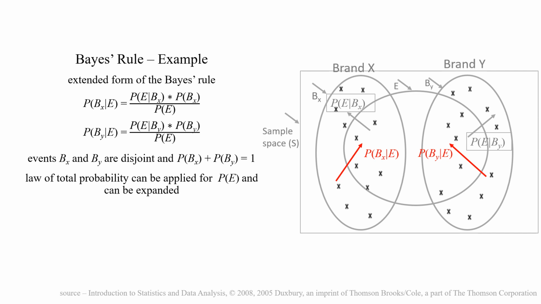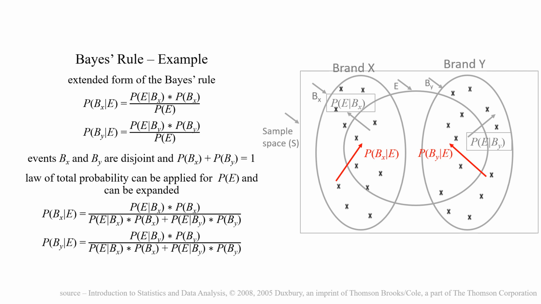can be expanded as in probability of Bx given E equals probability of E given Bx multiplied by probability of Bx divided by probability of E given Bx multiplied by probability of Bx plus probability of E given By multiplied by probability of By, and probability of By given E equals probability of E given By multiplied by probability of By divided by probability of E given Bx multiplied by probability of Bx plus probability of E given By multiplied by probability of By.